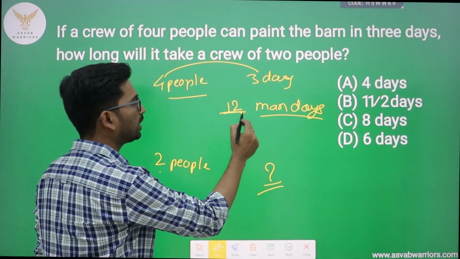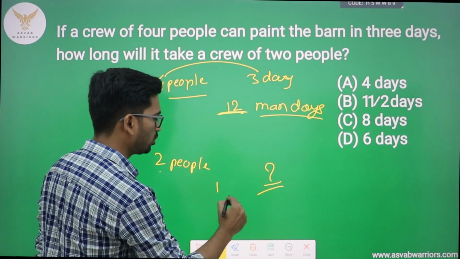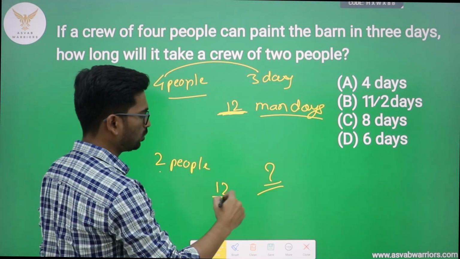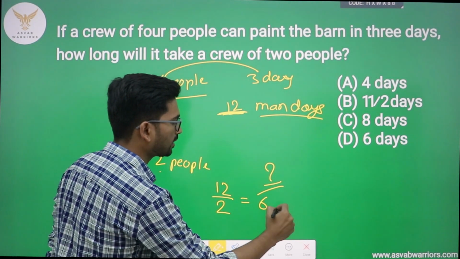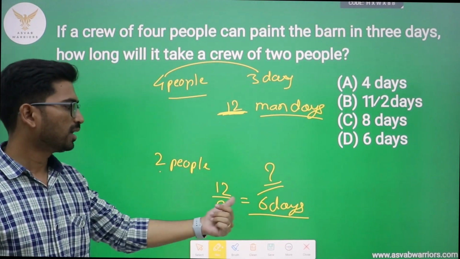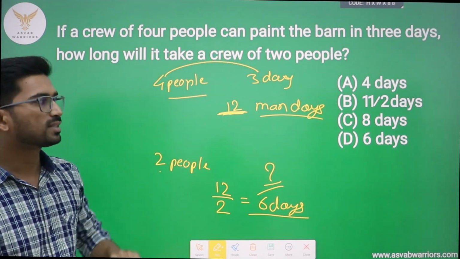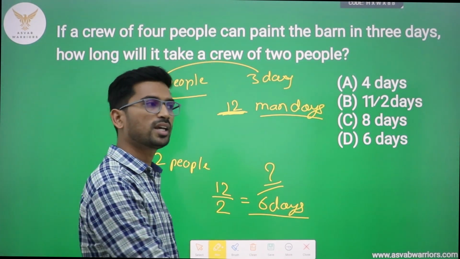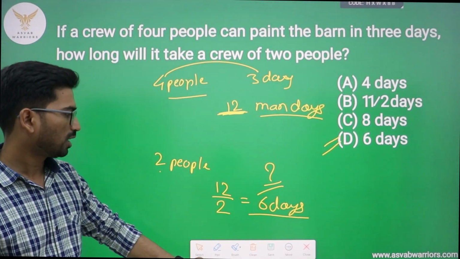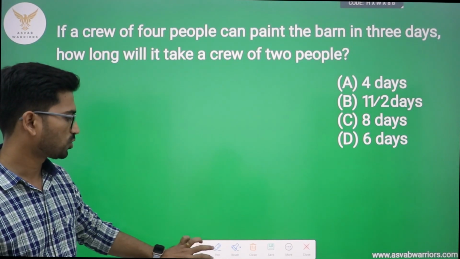So we need to simply divide these 12 by 2. If we divide this 12 by 2, we will get 6 days as our answer. So the crew of 2 people will take 6 days to complete the same task. So option D will be correct answer for this question. Now let us move on to our next question.